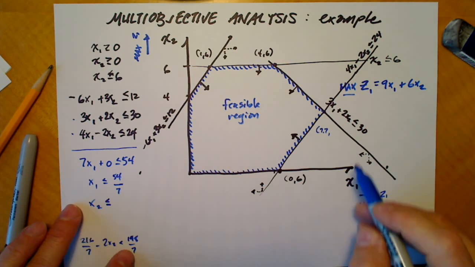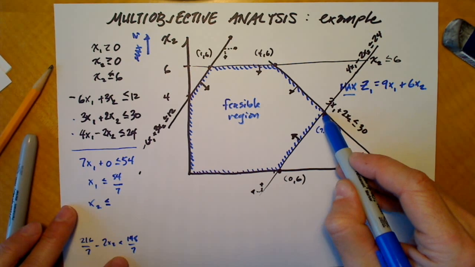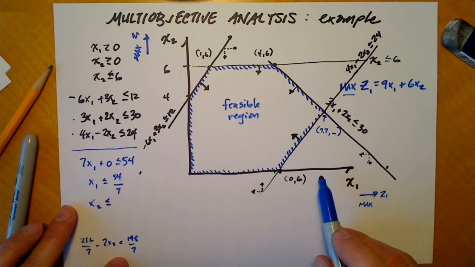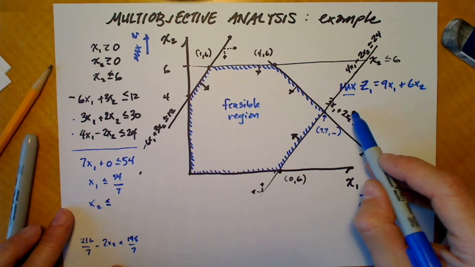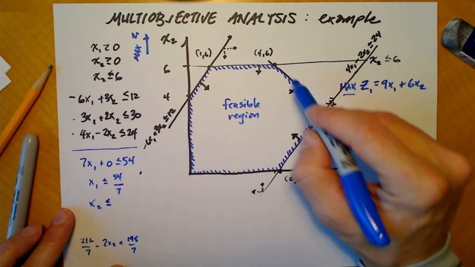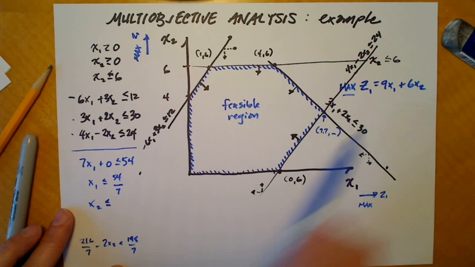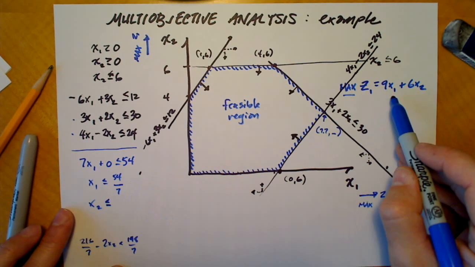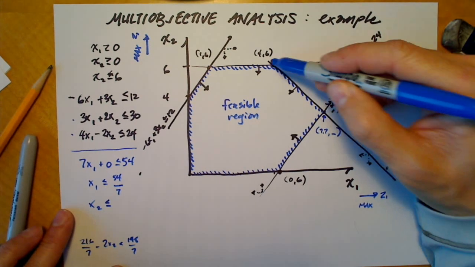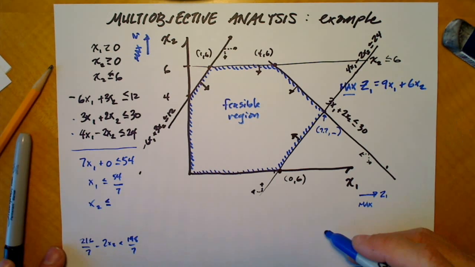I'm going to leave you to work out which one x2 is at home. And then we're not even done. We have to plug those values into z1 and compare this value 4, 6 and this value, the 54 over 7 and whatever x2 works out to be. Compare these two points and see which one of them is the maximum. And we're still not done.